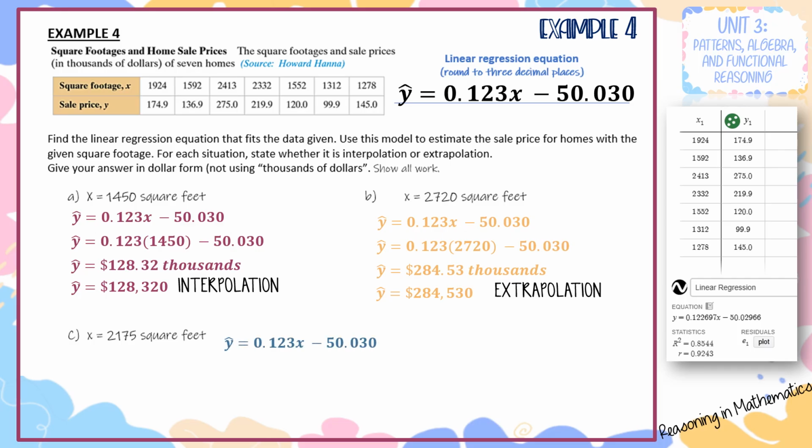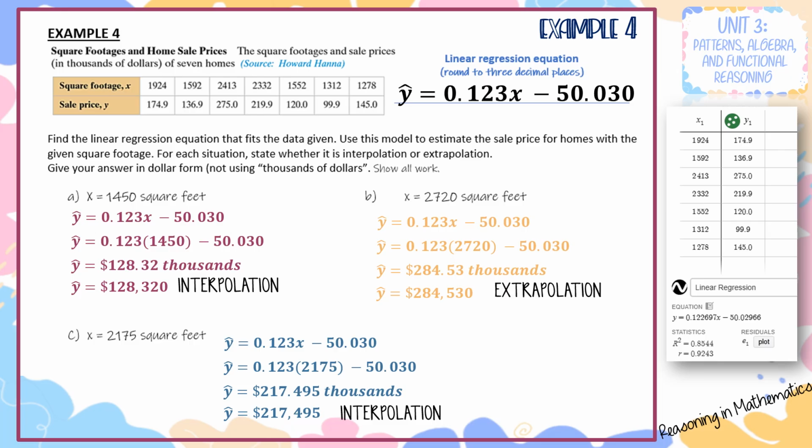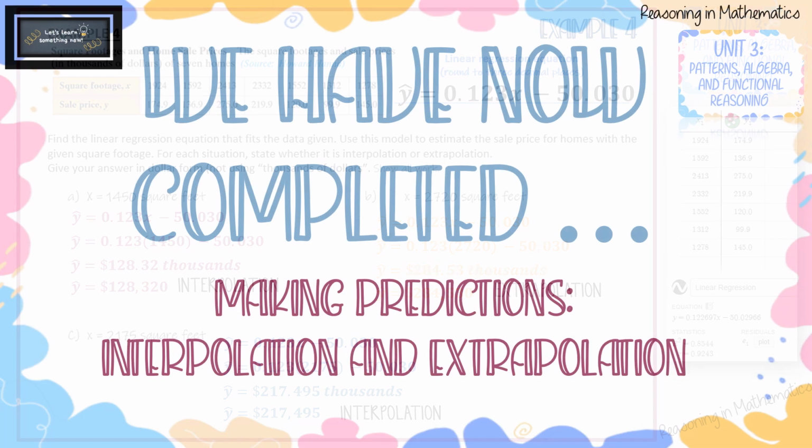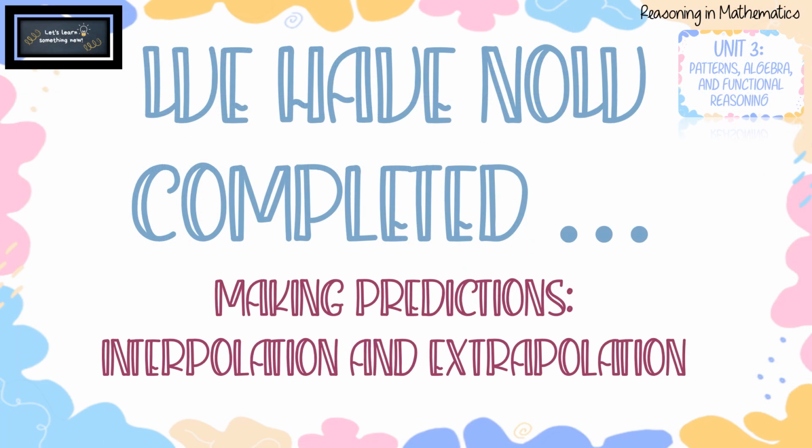So it'll be interpolation. So we use our linear regression equation. We plug in the 2,175 square feet. We get our answer in thousands and then move our decimal place 3 places. So it's $217,495, and that's interpolation.